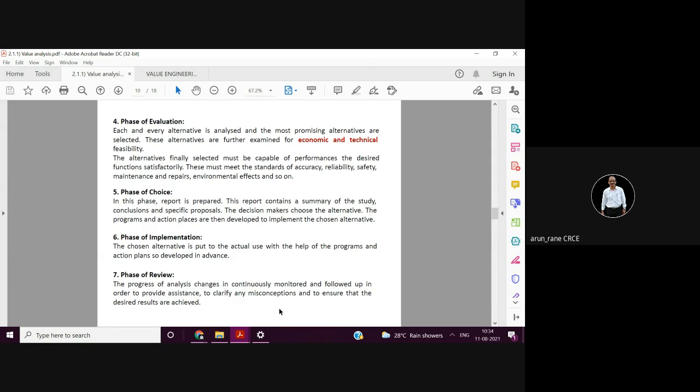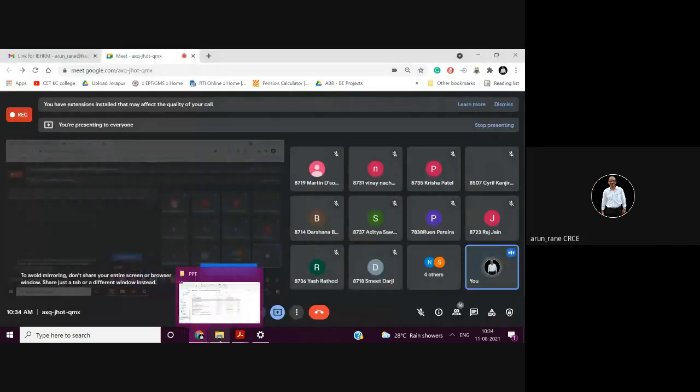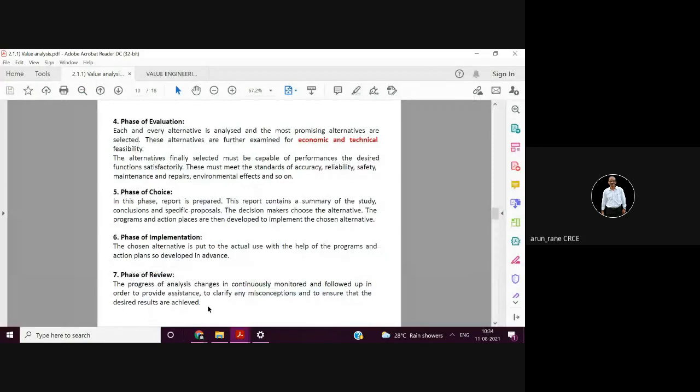At every project or whatever you do, you have to end up or summarize with this sentence, whether it is economically and technically feasible.